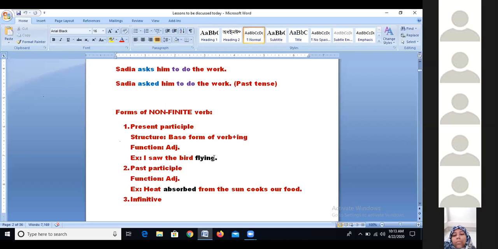And if you think of flying, flying is a non-finite verb here. And it is in present participle form. Now, present participle form does the function of adjective. Present participle form of non-finite.